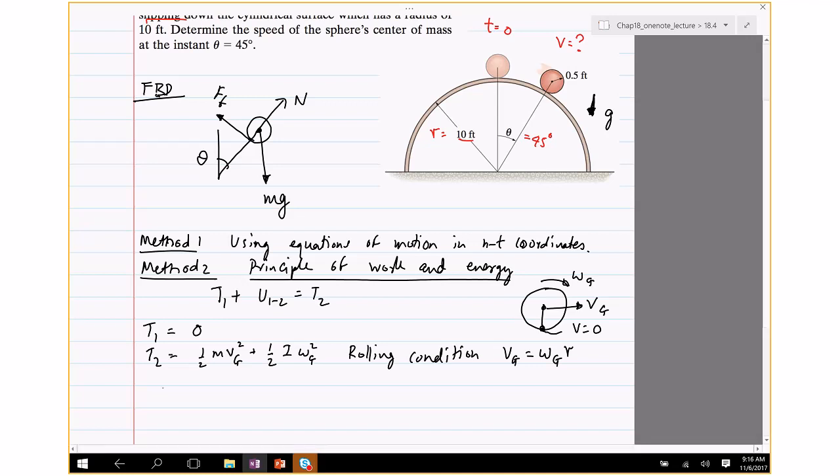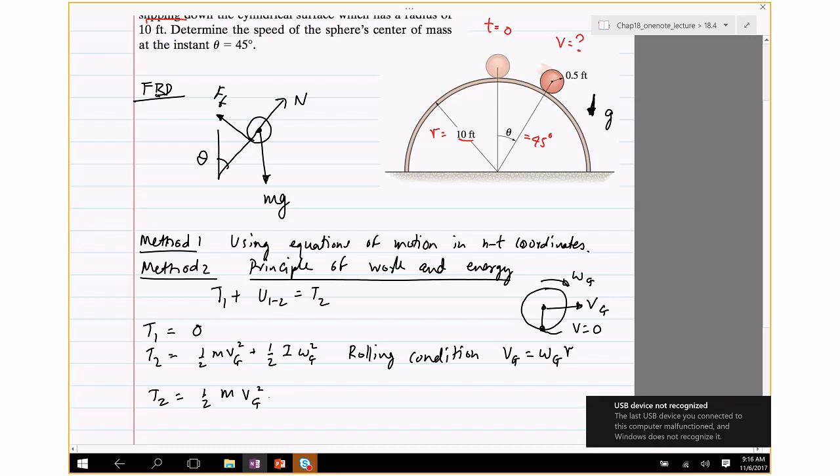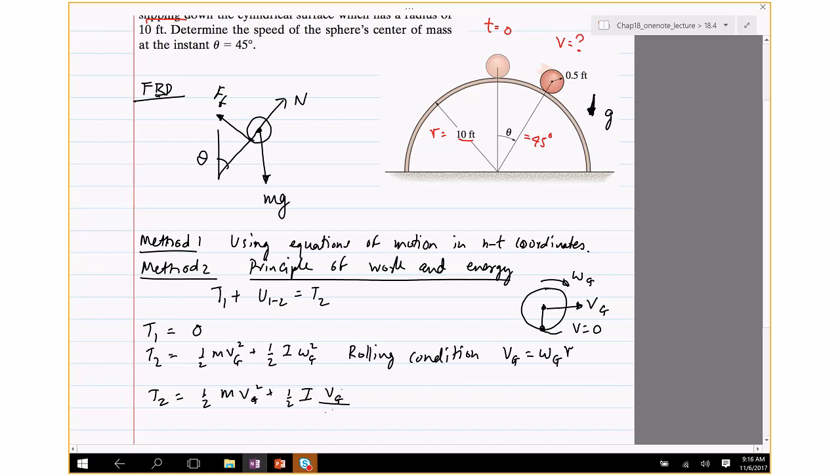So using that, I can write T2 as half m vg squared plus half I omega squared. Well, this is not given, but the inertia of a disk is m r squared divided by 2. So I'm going to simplify this a bit.